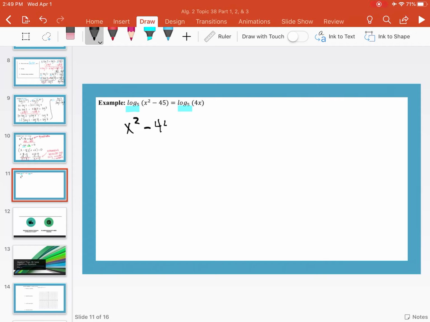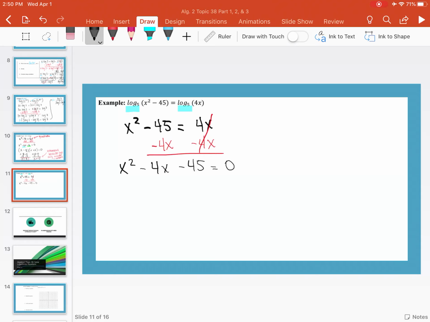So x squared minus 45 equals 4x. Now again, this is a quadratic, so we're going to subtract 4x from both sides to get this set equal. So we get x squared minus 4x minus 45 equals 0.